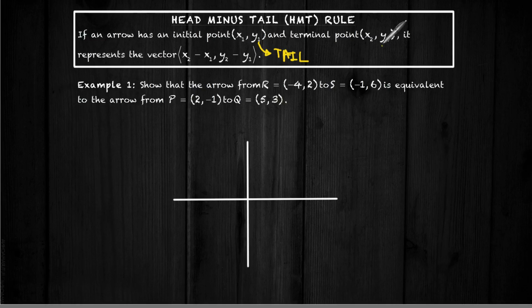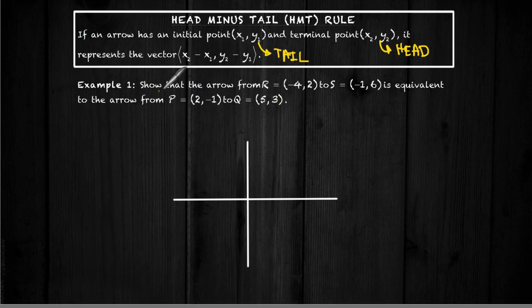And then we have another point that it ends at, and we'll call that the head. So you have two points, and the arrow goes from one point to another point. You can express the vector with these brackets, and it'll be the head minus tail. So it'll be the x-coordinate of the head minus the x-coordinate of the tail, comma, the y-coordinate of the head minus the y-coordinate of the tail.